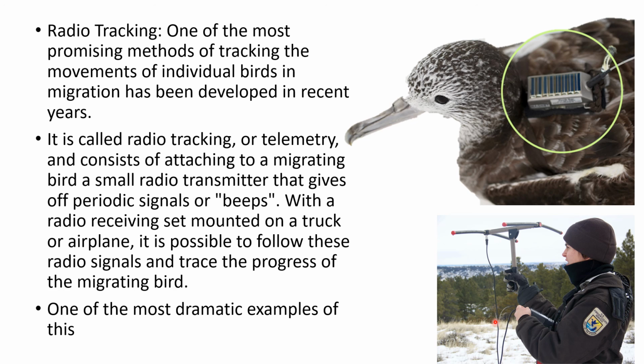One of the most dramatic examples of this is the study of Arctic tern using radio telemetry. So here you can see a device tethered to the body of the bird, and this is the radio transmitter, which emits some waves which can be tracked using this device, which is called a radio tracker, that will collect the signals.